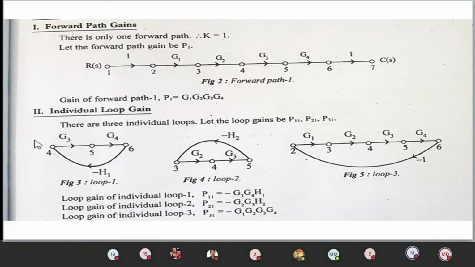Now for loop gain, you have to multiply each gain. Loop gain 1 is minus G3 G4 H1, you have a minus term. Loop gain 2 is minus G2 G3 H2. Loop gain 3 is minus G1 G2 G3 G4. That's all. So you're not using the rules which you utilize in block diagram reduction.